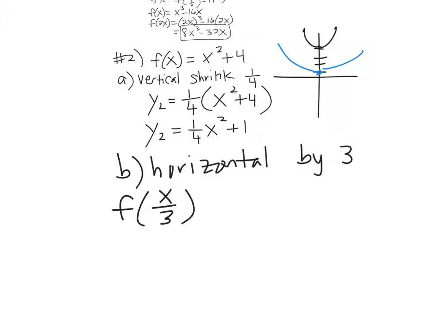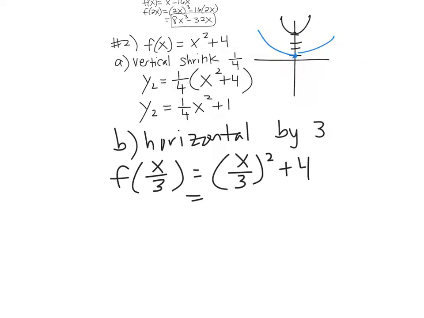So x over 3, and then we're going to plug that in. So we have x over 3 squared plus 4. And then go ahead and fix that up. So you get x squared over 9. So I would probably write this as 1/9 x squared plus 4. Okay? So it gets horizontally stretched by 3.